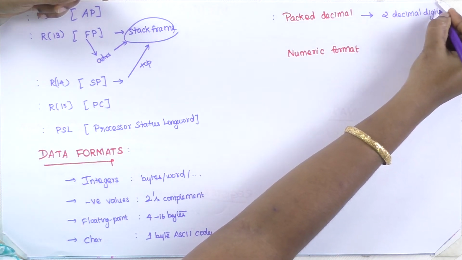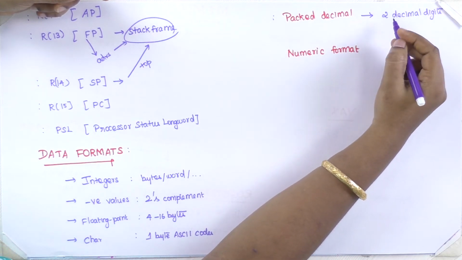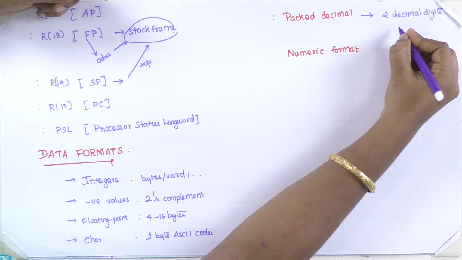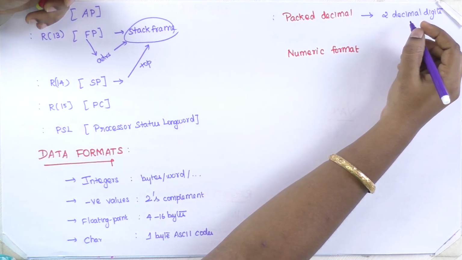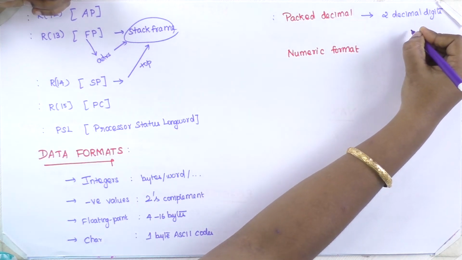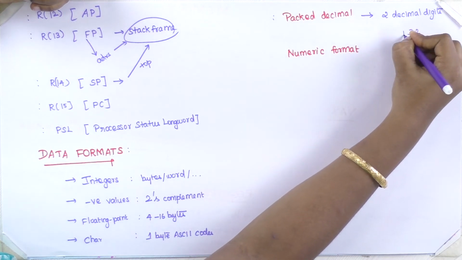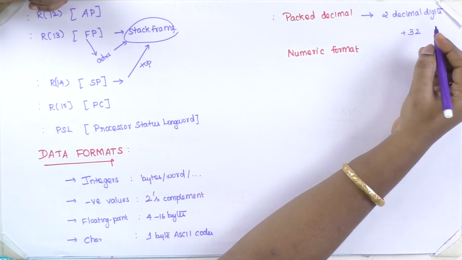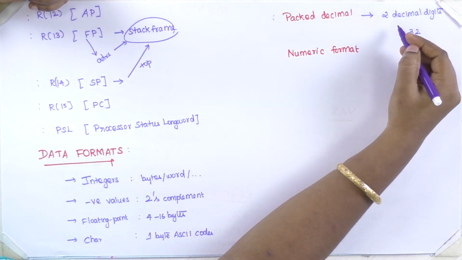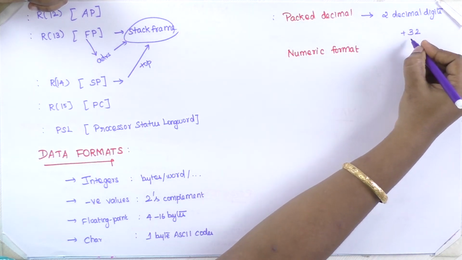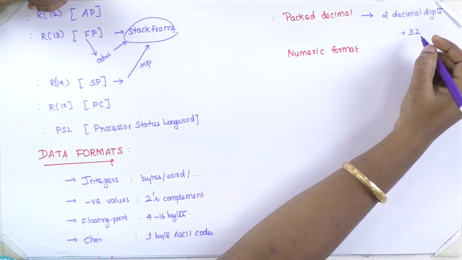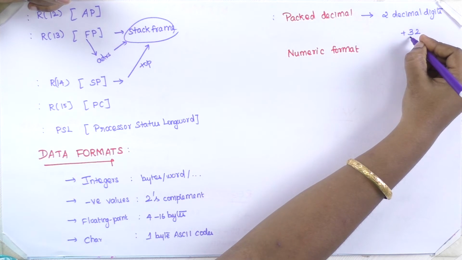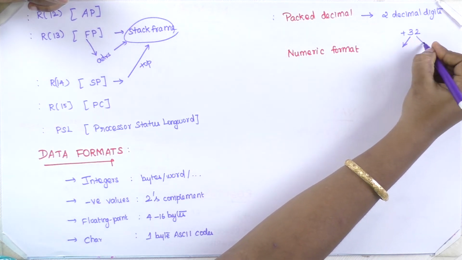Each digit is encoded as 4 bits. For example, take the number plus 32. In packed decimal format, each byte represents 2 decimal digits, so for representing these 2 digits we use a single byte, and each digit is encoded as 4 bits.